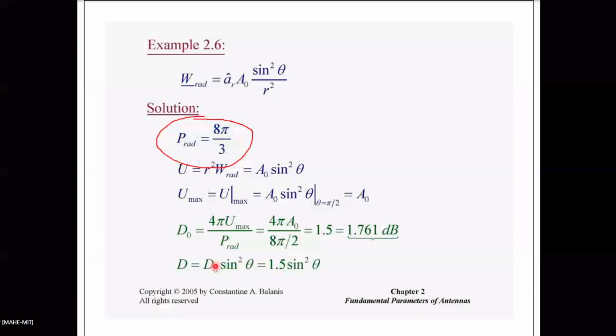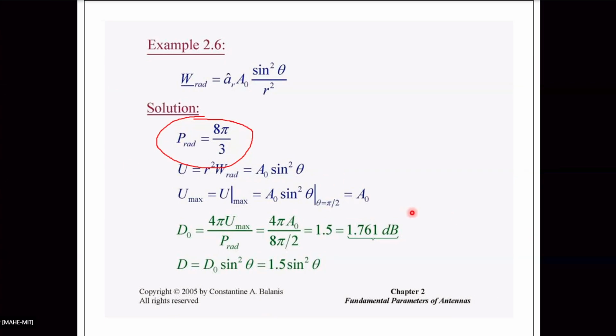What is the value of D for an isotropic source? 1. So D naught is also 1 for an isotropic source because the pattern is uniform, which means power radiated is uniform. So D is equal to D naught is equal to 1 for an isotropic source.